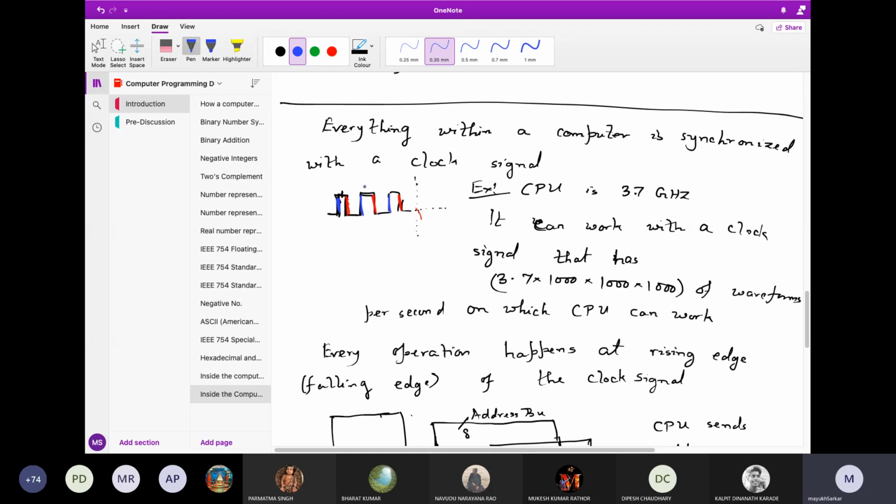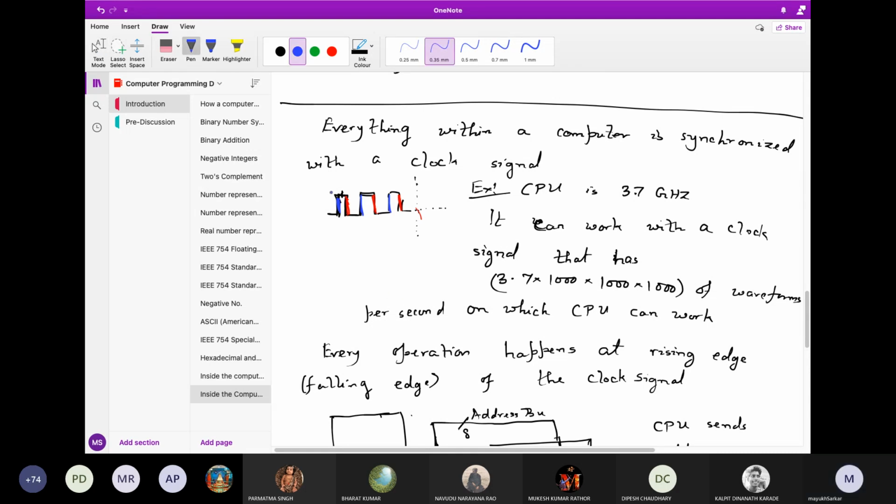Now don't think that the clock on the motherboard is the battery. If you open up the motherboard, in the old motherboards you'll see a battery. The battery of that clock has nothing to do with this clock.